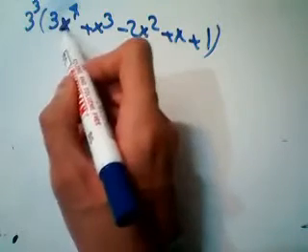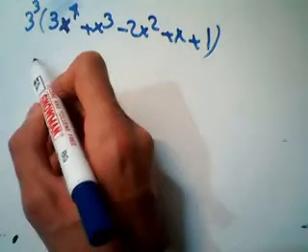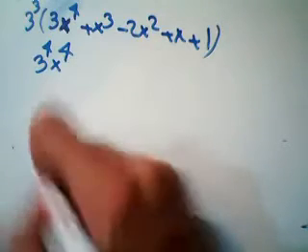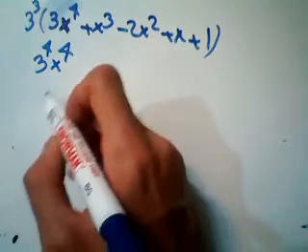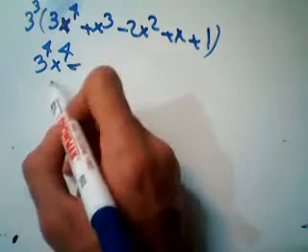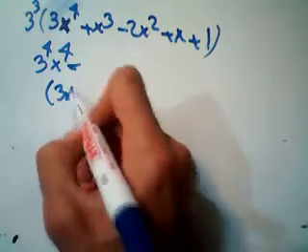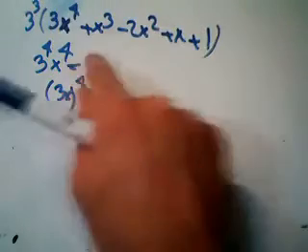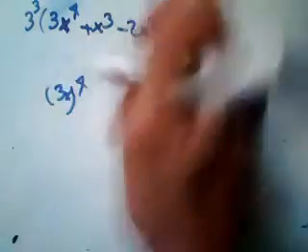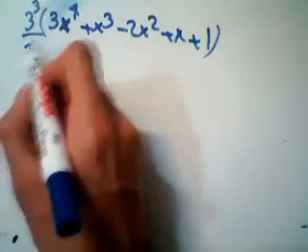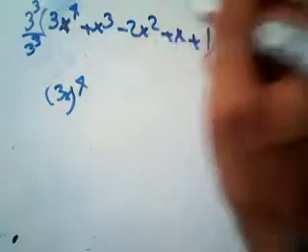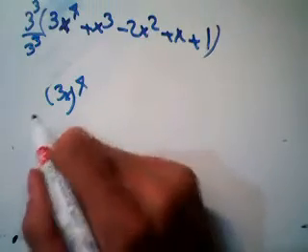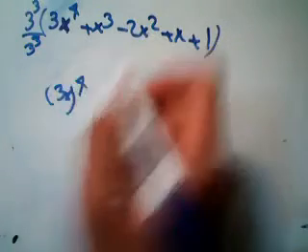So this term becomes 3 to the power of 4 times x to the power of 4, and now we write it as (3x) to the power of 4. And finally we divide it by the same number, so that doesn't change anything.